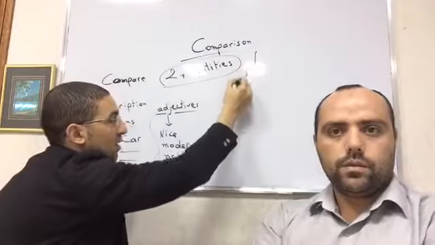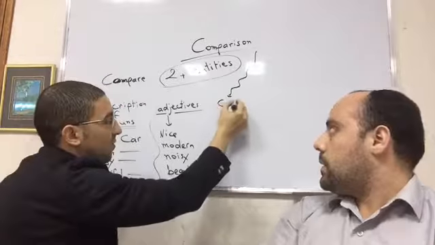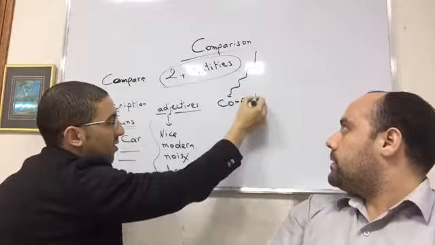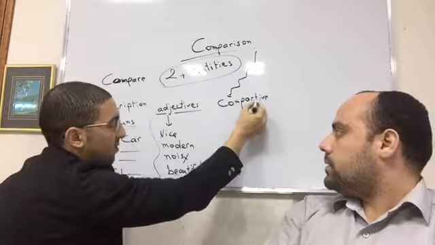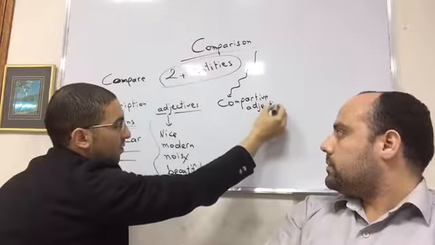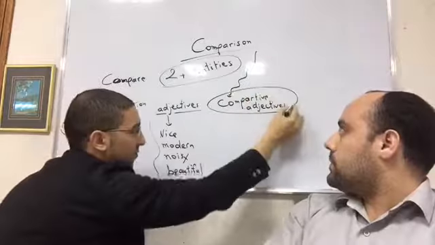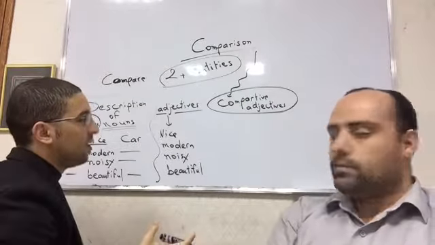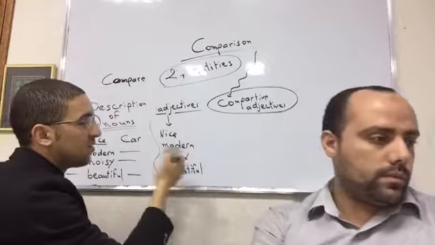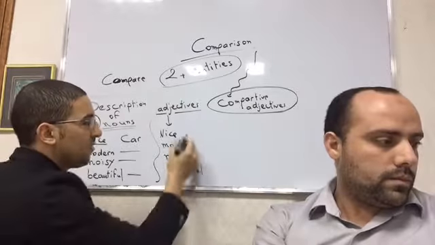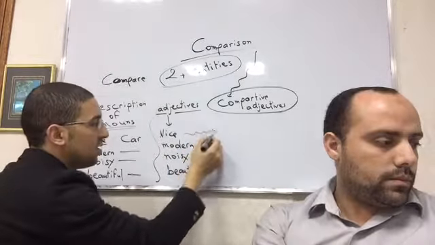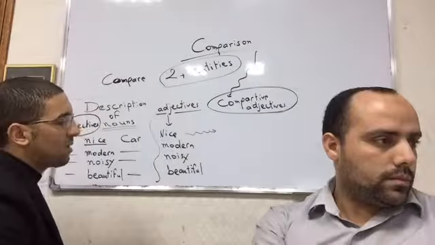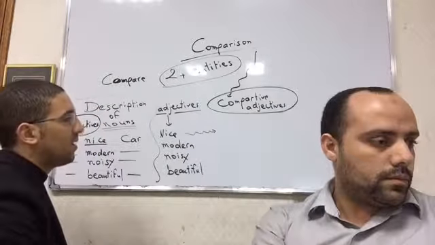We use what we saw last time. We use comparative adjectives, and we said that we have ways of making these adjectives into the comparative form. For example, nice. Now we see how many syllables this adjective has.